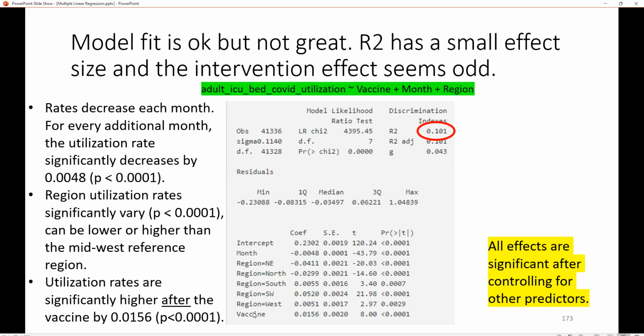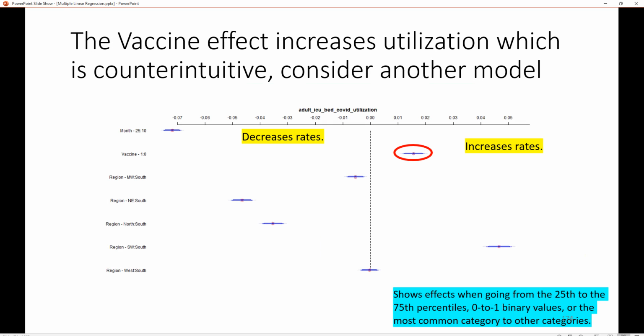But again, since we have an effect that shows an increase in ICU bed utilization rates, it is counterintuitive that the vaccine would be associated with higher bed utilization rates. And in this slide, we see that the vaccine effect increases utilization, which is counterintuitive. So maybe we should consider another model.